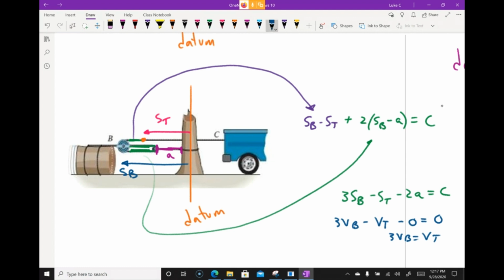All my arrows are pointing left. I can assume that's my positive direction. That's why sometimes, if VB is moving to maybe the right, you're going to get different signs, and that's all based on your datum.